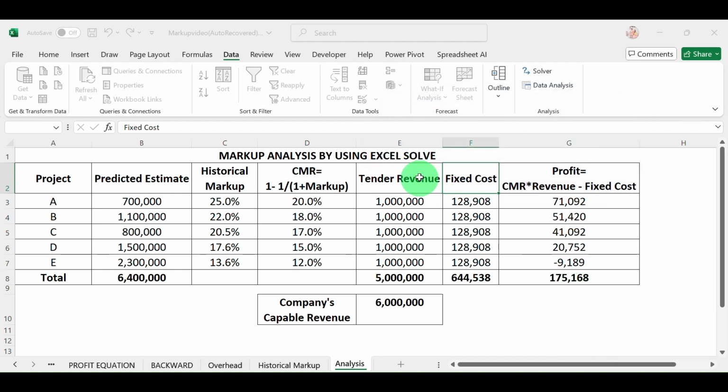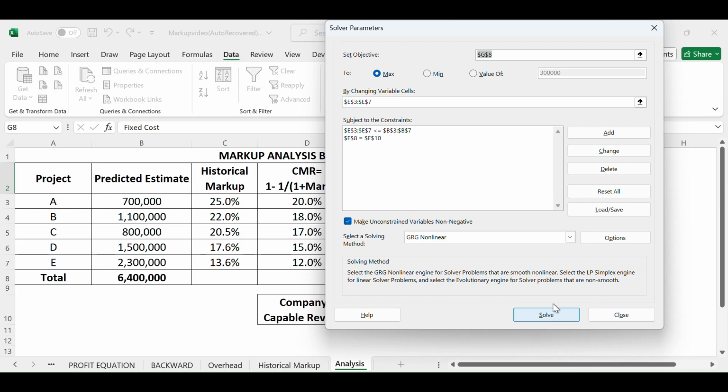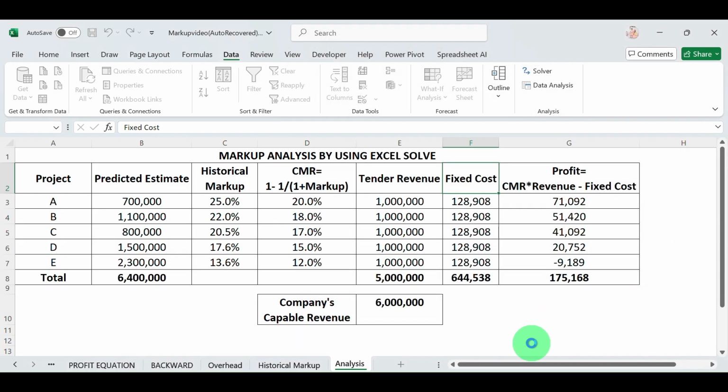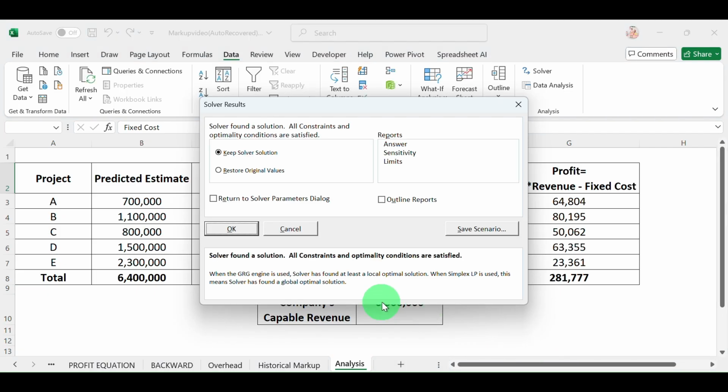and click OK. And then let's review the Solver parameters: set objective to maximum by changing the variable cells. This is tender revenue, and the constraints, and we click Solve. It's very lucky, the Solver found a solution, all constraints and optimality conditions are satisfied.